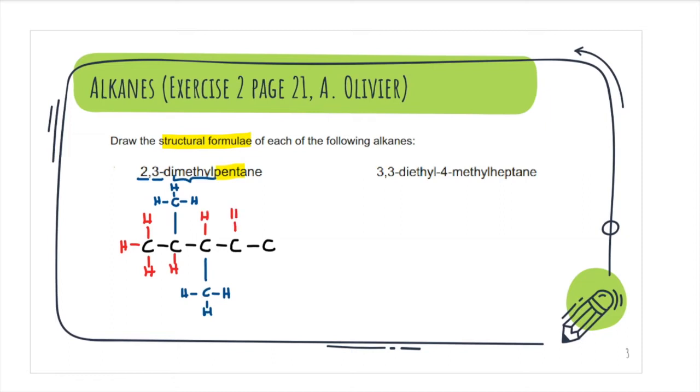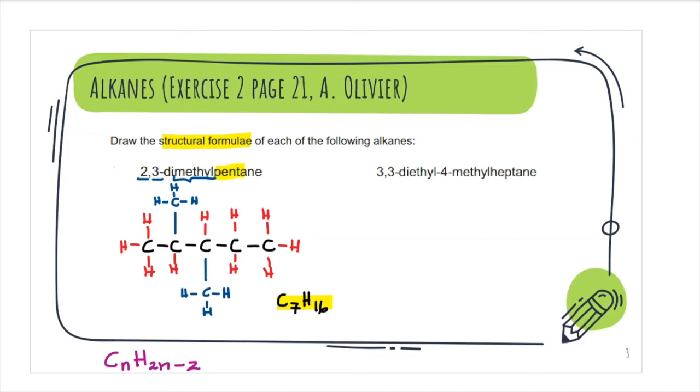The fourth carbon requires 2 hydrogens so that it may form 4 bonds, and the last carbon requires 3 hydrogens so that it will form 4 bonds. This is the structural formula of 2,3-dimethylpentane.